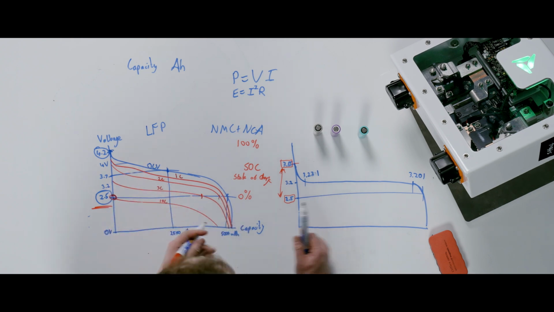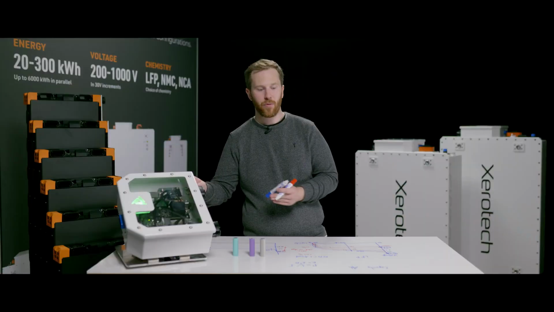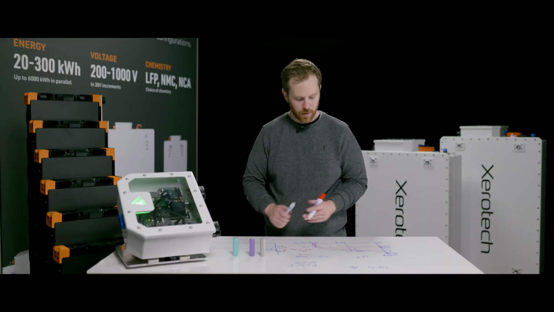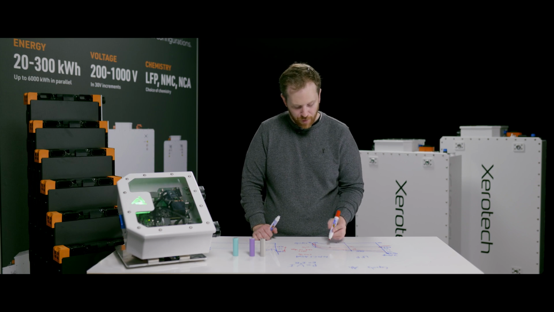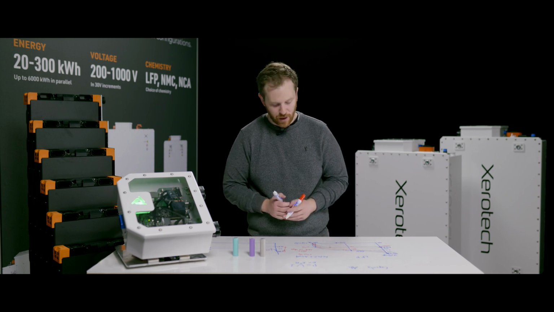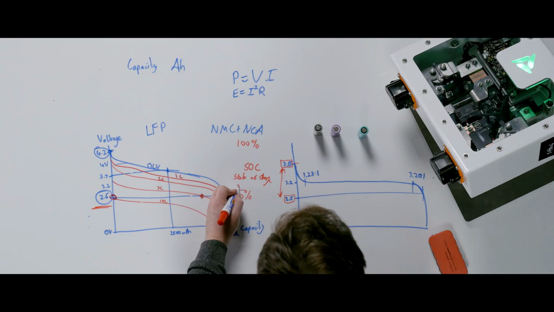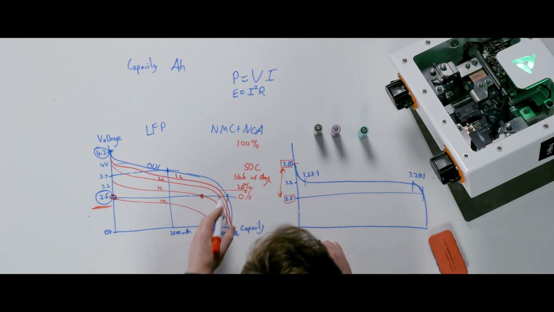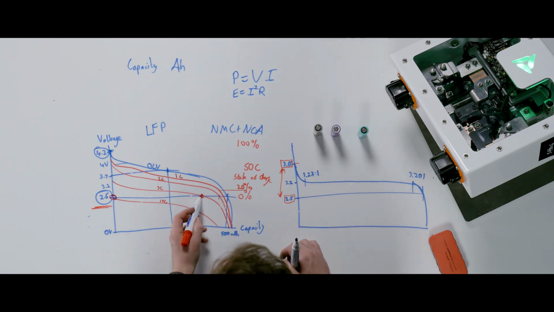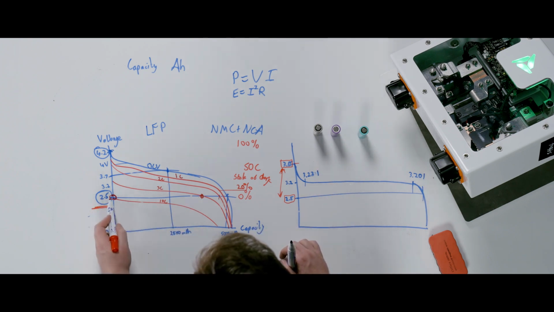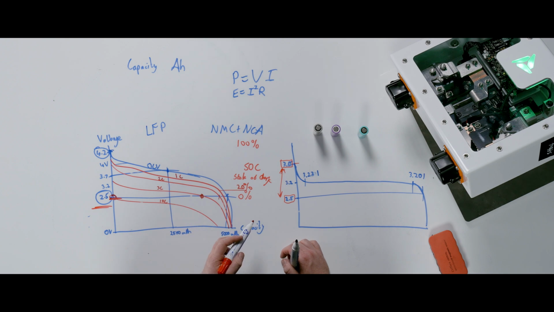So if you look at a data sheet for a Xerotech battery, we have something called a power map. That power map is basically showing you that if the battery is at 20% state of charge, so if it's close to being empty, you won't be allowed to do a heavy discharge on that battery because it's going to pull it below that 2.5 volts per cell.